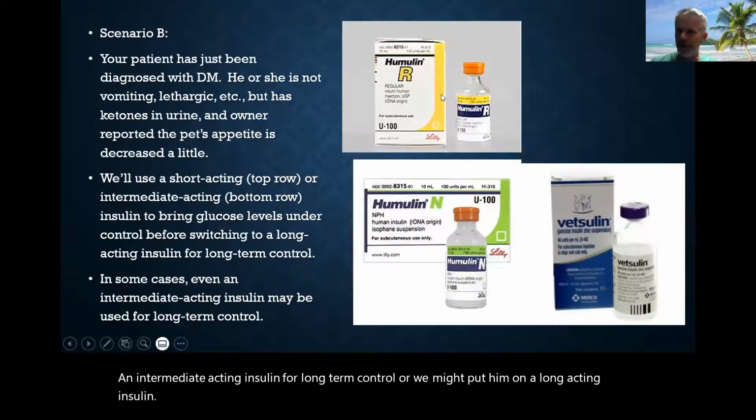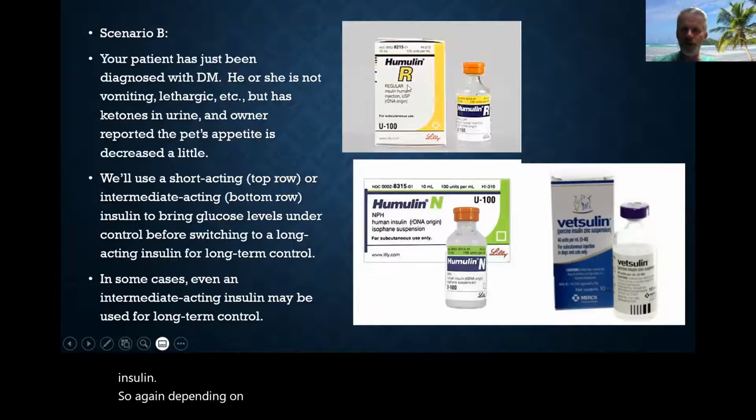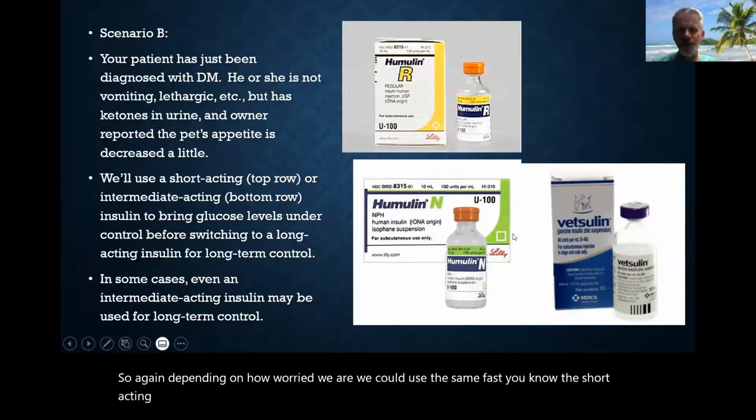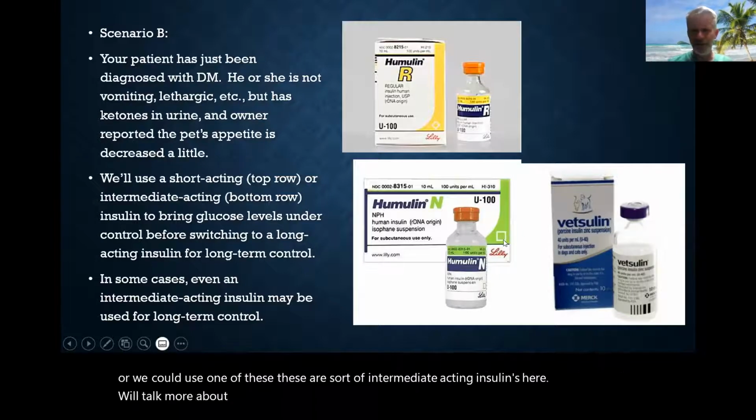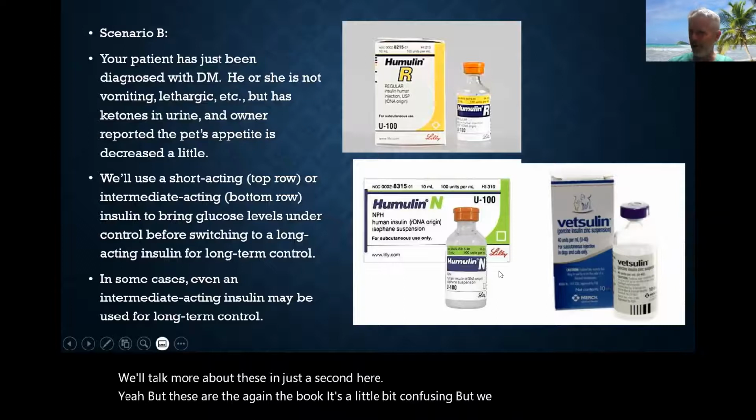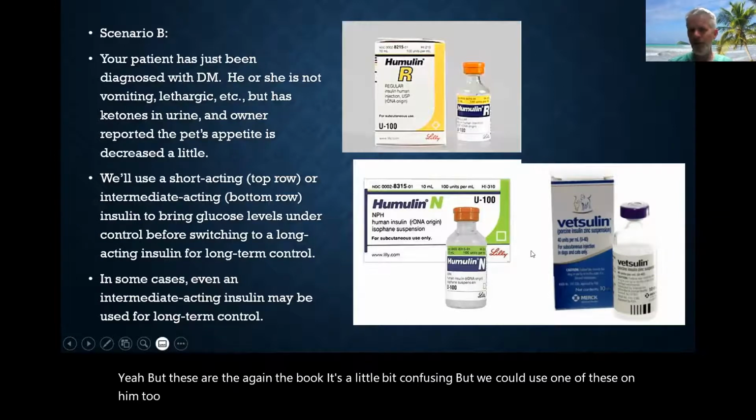So again, depending on how worried we are, we could use the short-acting insulin, or we could use one of these. These are sort of intermediate-acting insulins here. In fact, we'll talk more about these in just a second. The book gets a little bit confusing, but we could use one of these on him too. In fact, we could even use these long term on him.